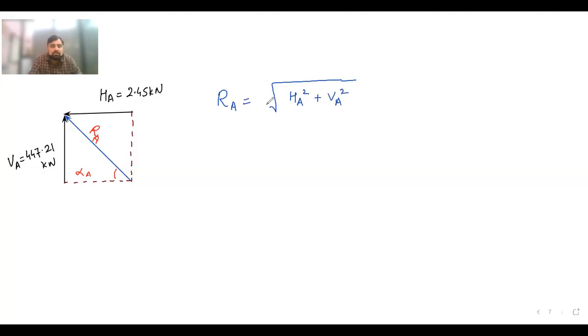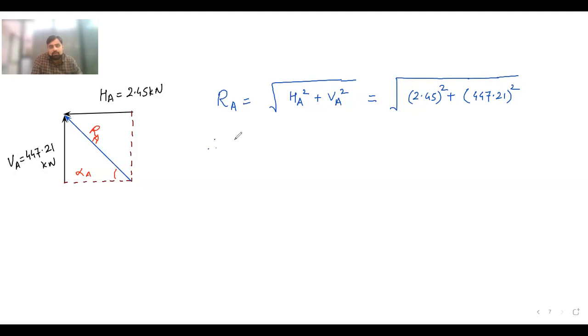If you apply this formula, HA is 2.45 square plus VA is 447.21 square.